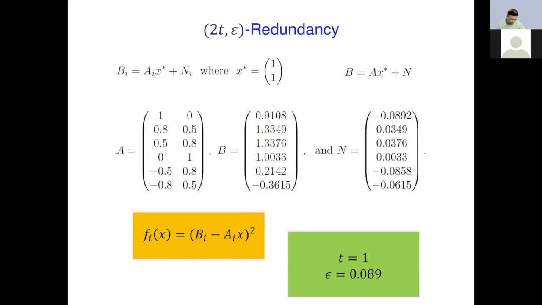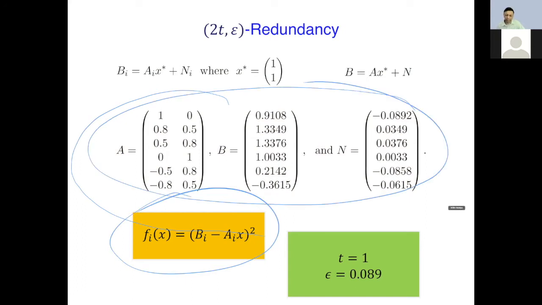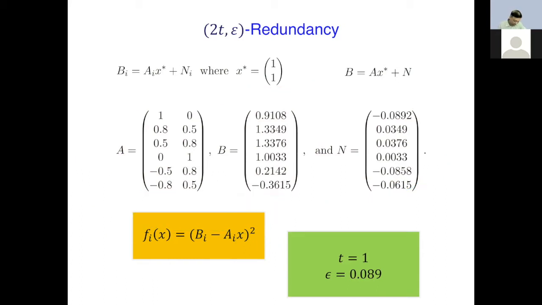To put it differently, the cost functions that result from these assumptions satisfy this particular redundancy property with t equal to 1 and epsilon equal to 0.089. The exact numbers are not that interesting, but I just wanted to point out that this notion of redundancy can occur in practice.